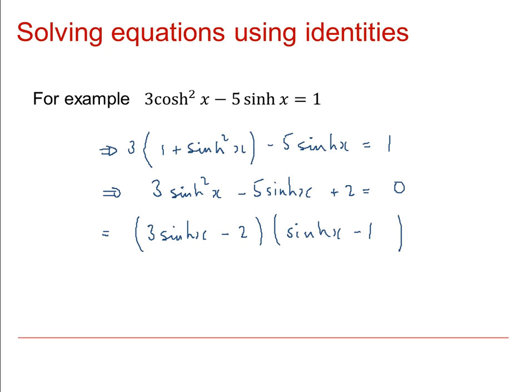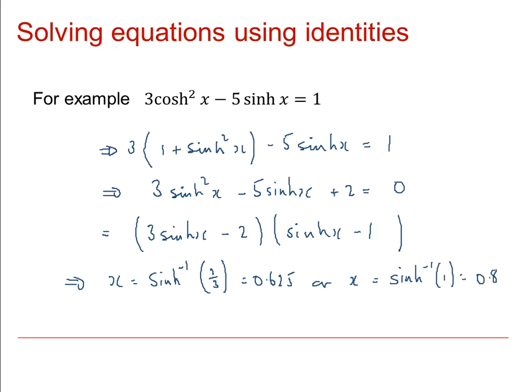And therefore we get that x is equal to sinh inverse of 2 over 3, and that's 0.625, or x is equal to sinh inverse of 1, and that's 0.881.